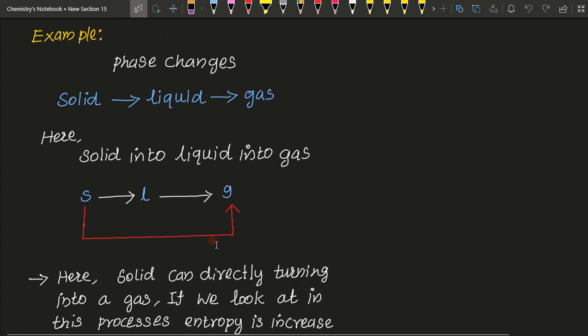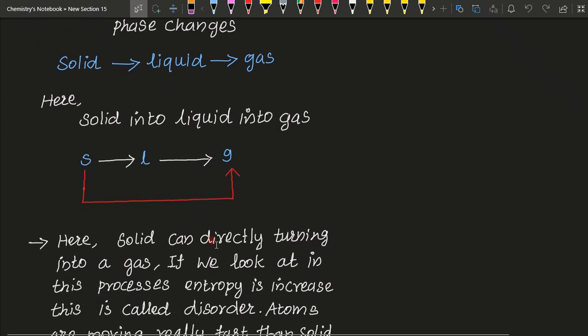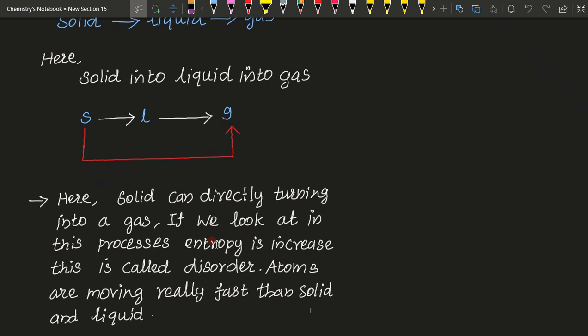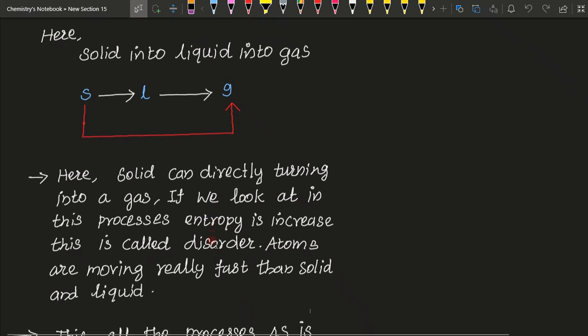Here solid can directly turn into a gas. If we look at this process, entropy is increasing. This is called disorder. Atoms are also moving really fast compared to solid and liquid.